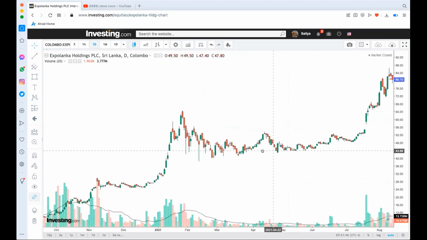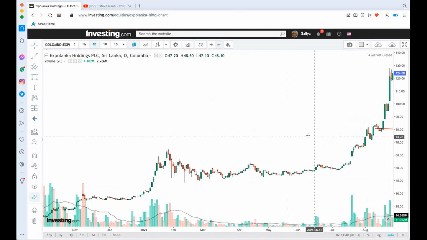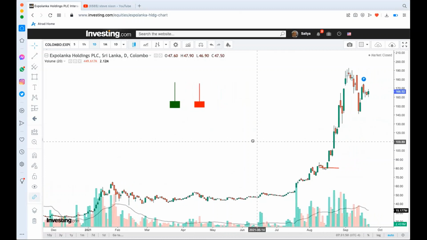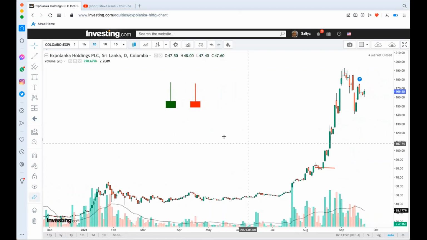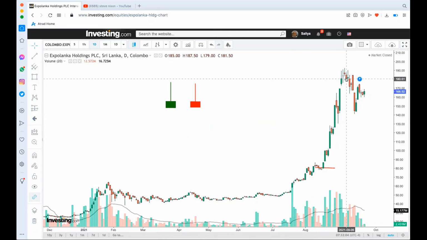But most noticeably in the Sri Lankan market, not only in the Sri Lankan market, but since we are looking at the Sri Lankan market, you will see the shooting star most of the time. Shooting star is when the same inverted hammer is at the top of the price line. You can see a shooting star here, another here, right?